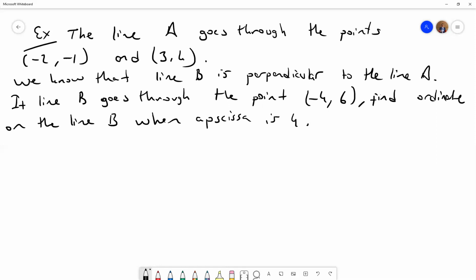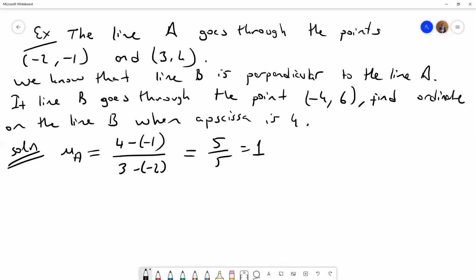To solve this question, the solution is like that. First of all, we have to find the slope of A, let's say MA. We have 2 points and we can find the slope: y2 minus y1 over x2 minus x1 is the slope of line A. So it is 5 over 5, it is 1.